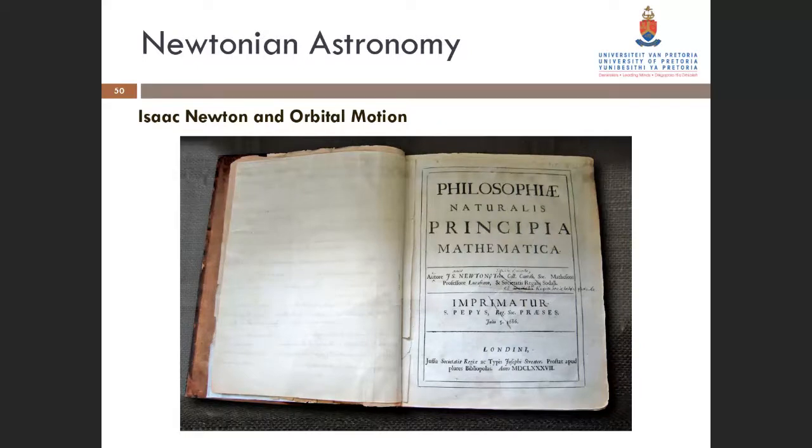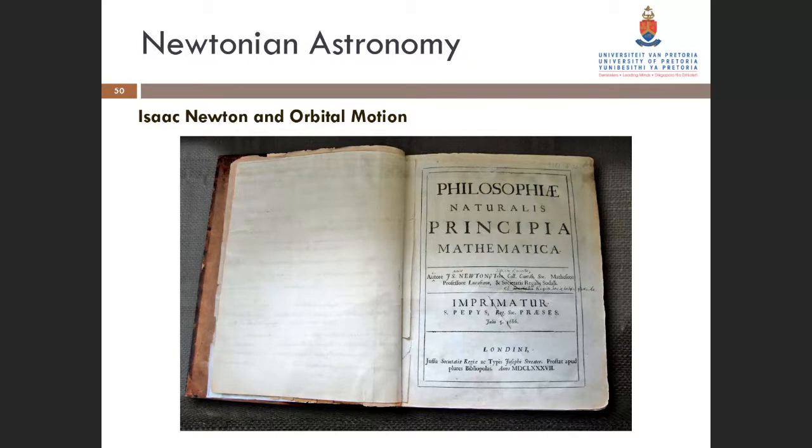So this is the first edition of Sir Isaac Newton's book. This is considered the holy grail of science, because this is actually the first book that describes gravity, his laws, calculus, optics.